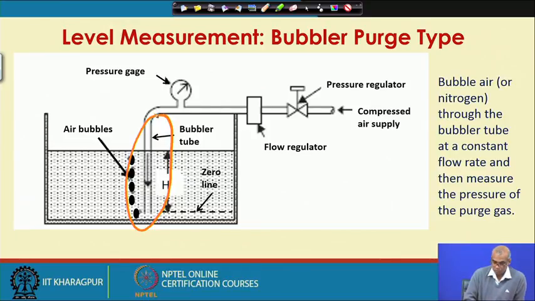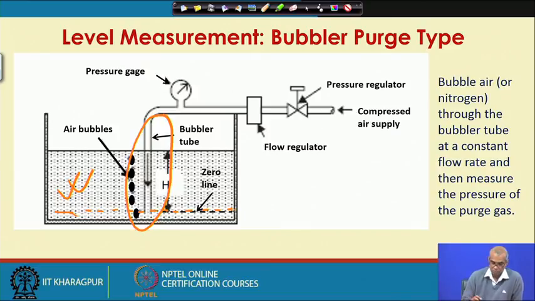This bubbler tube has been put into the tank whose liquid level I want to measure, and this is dipped to a certain height. So, let us consider this is dipped up to this. So, this is my 0 line.